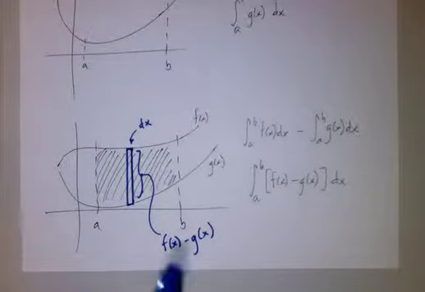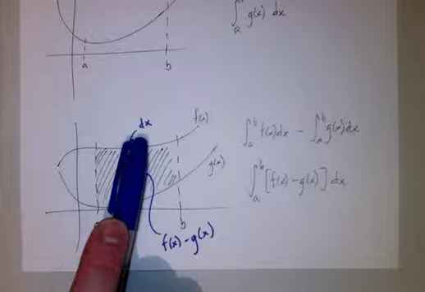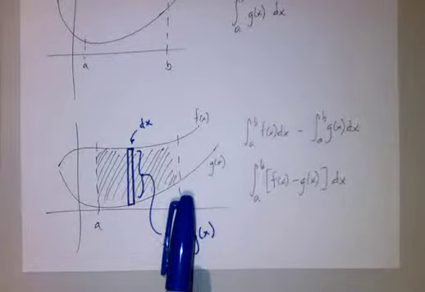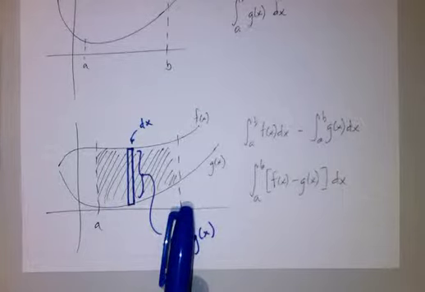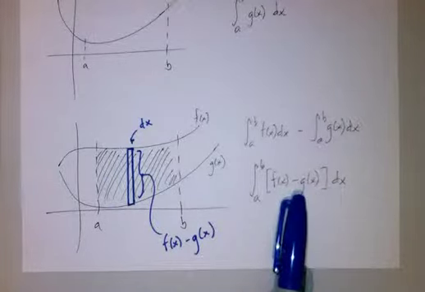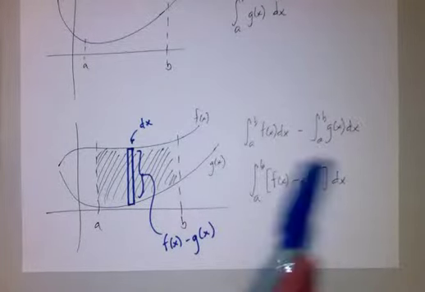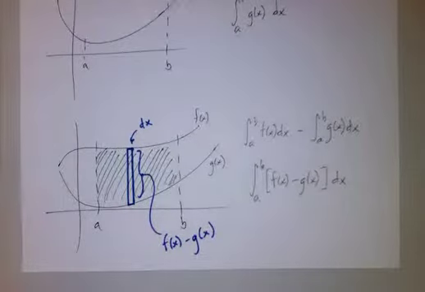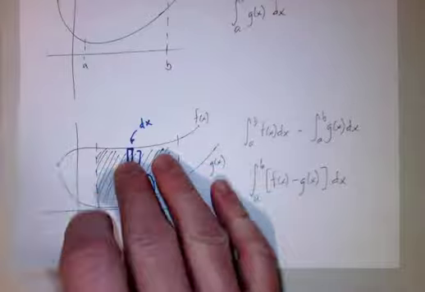And so we have height times width of the infinite number of infinitesimal cross sections from a to b, and therefore we have height times width accumulated from a to b. So basically, if you're doing it with respect to the x-axis, it's the top minus the bottom.